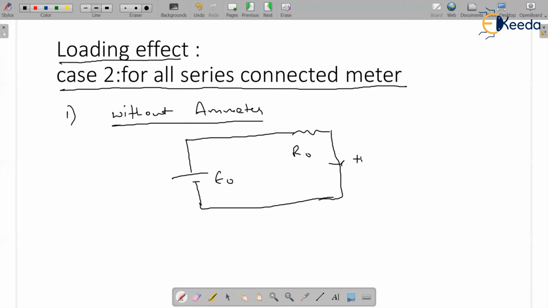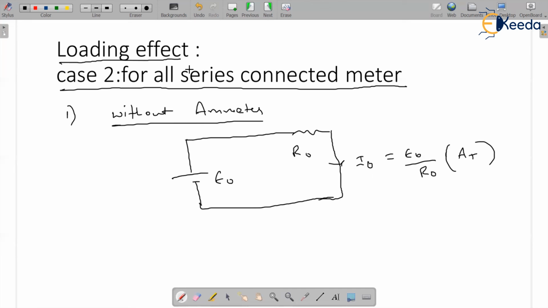So I can take I naught is equal to E naught by R naught. Since there is no meter, I can treat it as a true value.